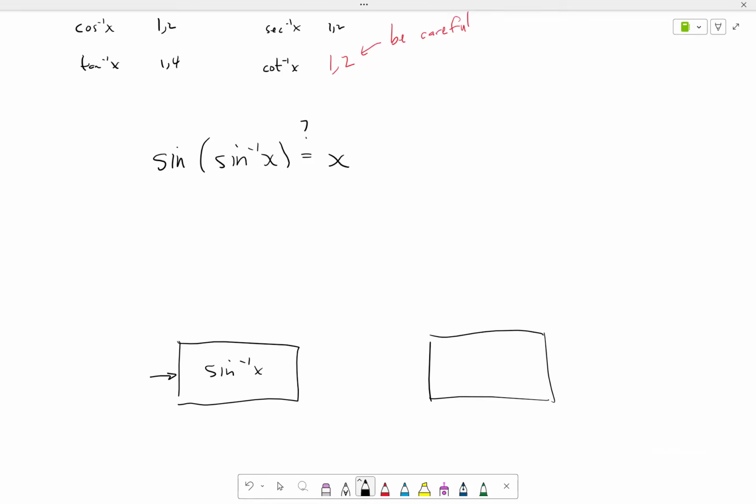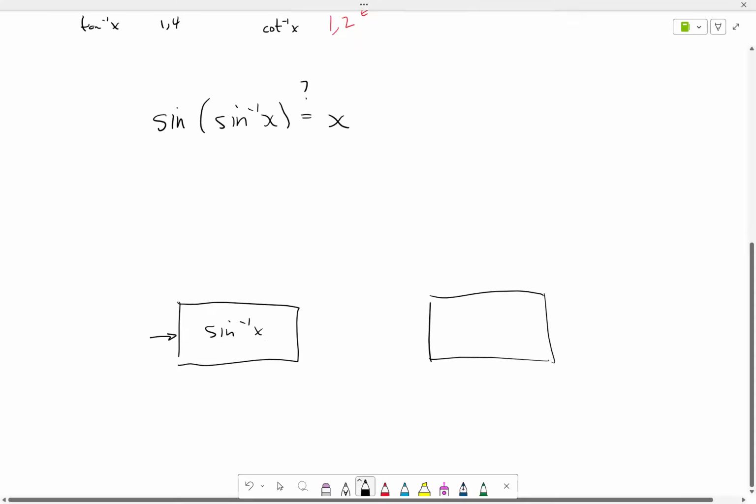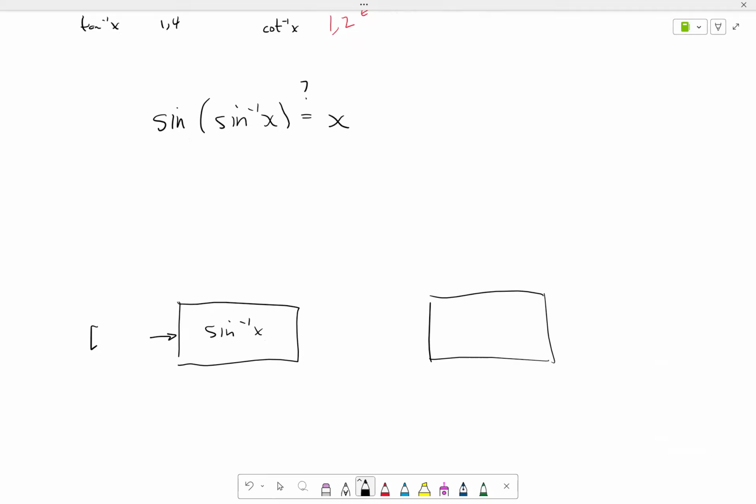And what numbers can go in here? Thank you, Shiv. Yes, -1 to 1. It's the inverse, right? It's the outputs of the basic sine that switch. Perhaps you remember from the graph. Here's the graph of sine inverse.